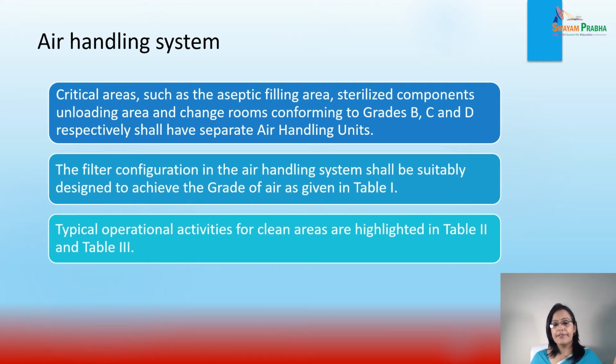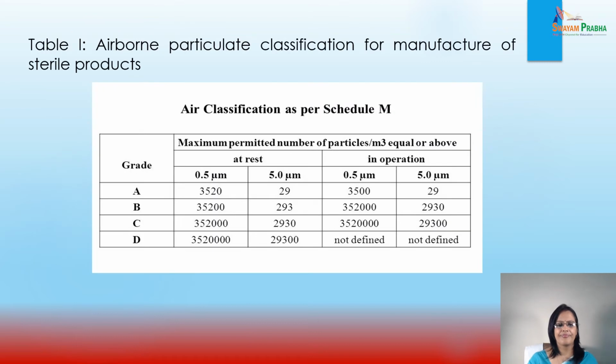Okay, the filter configuration in the air handling system shall be suitably designed to achieve the grade of air, which is given in tabular form that I will be discussing in the next slides. Okay, look at this table.